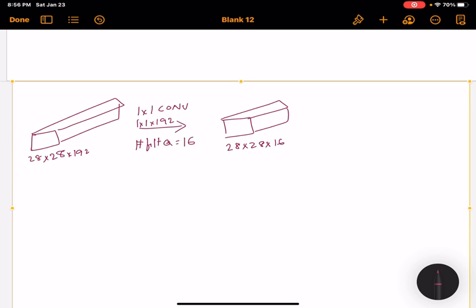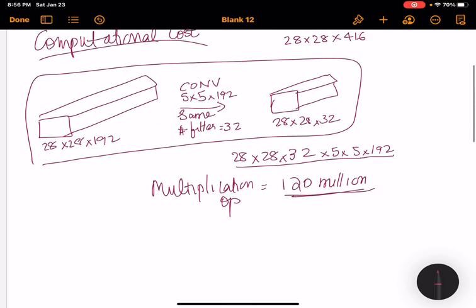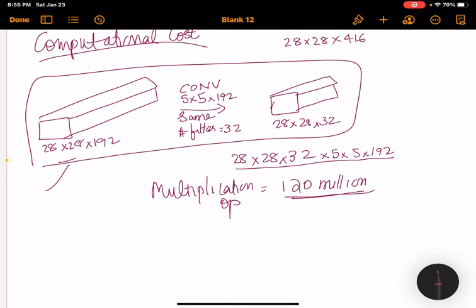My whole idea is to have this same input 28 cross 28 cross 192 and get an output of 28 cross 28 cross 32, right? My input and the output should be the same as what you see in this example.